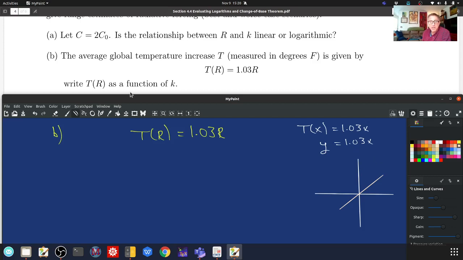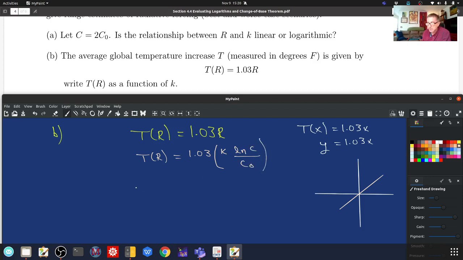But they want us to write T_R as a function of K. So let's go ahead and do that. T_R is equal to 1.03. And what is R equal to? Well, R is equal to K times the natural log of C over C naught.